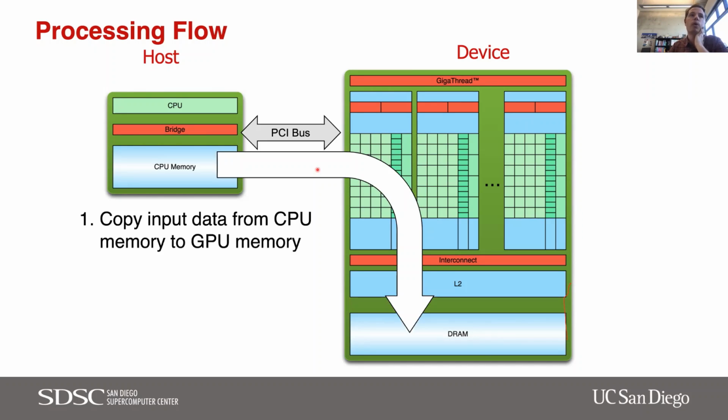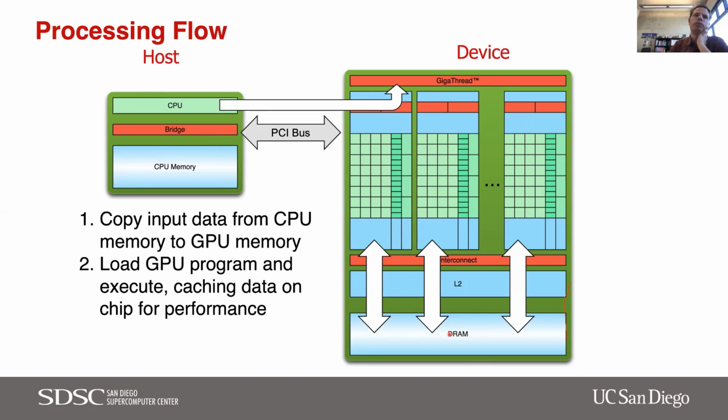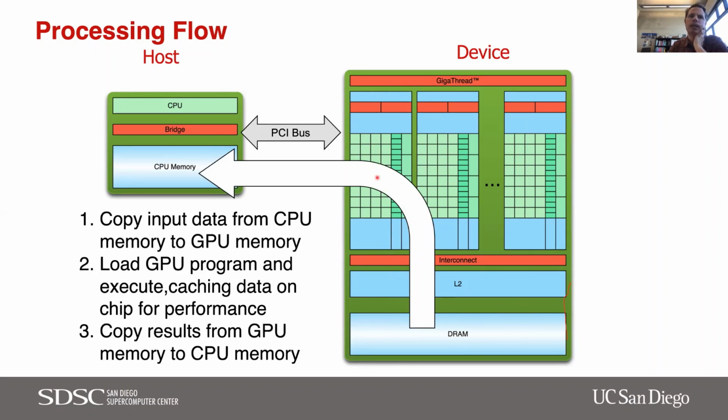And so you always have to copy the input data from the CPU to the GPU, which has its own memory here. And then you have to load the GPU program, you execute it, caching the data on the chip. You see here indicated the multiprocessors where the blocks of threads are now running on all of these many compute cores. And then when you're done, you copy the results from the GPU memory back to the CPU memory.